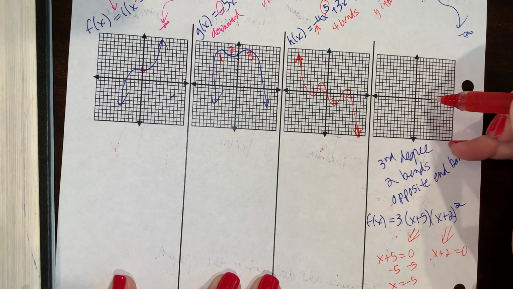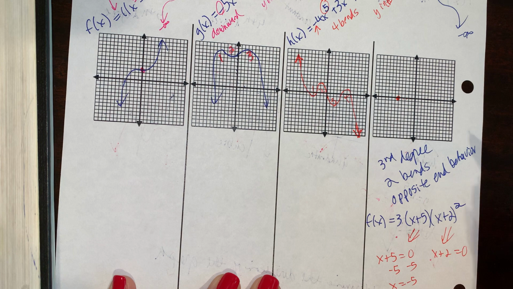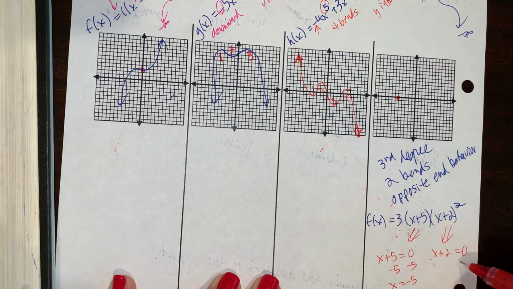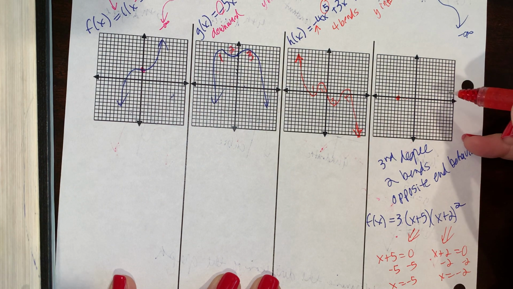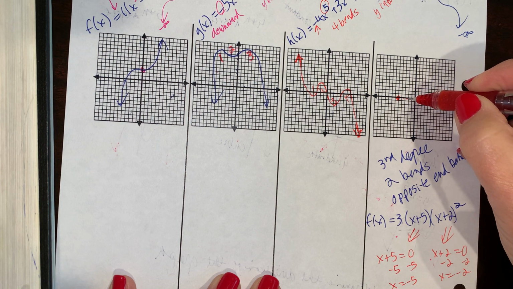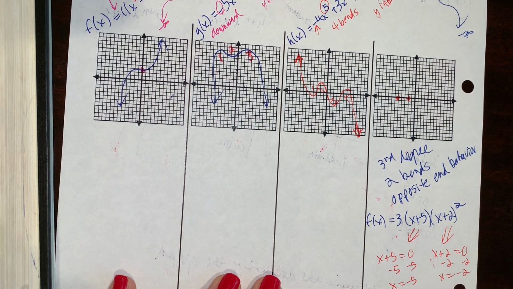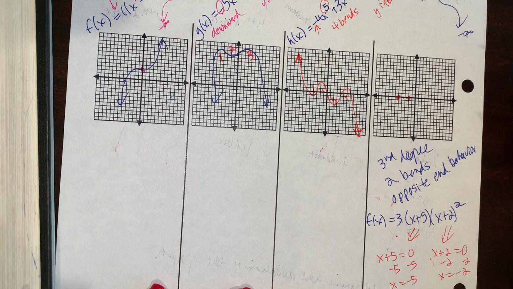So I can come over here 1, 2, 3, 4, 5, and I know my graph's going to go through negative 5. If I come over here and subtract 2, I know that negative 2 is another one of my x-intercepts. So when I'm building this out, I have a great piece of information.